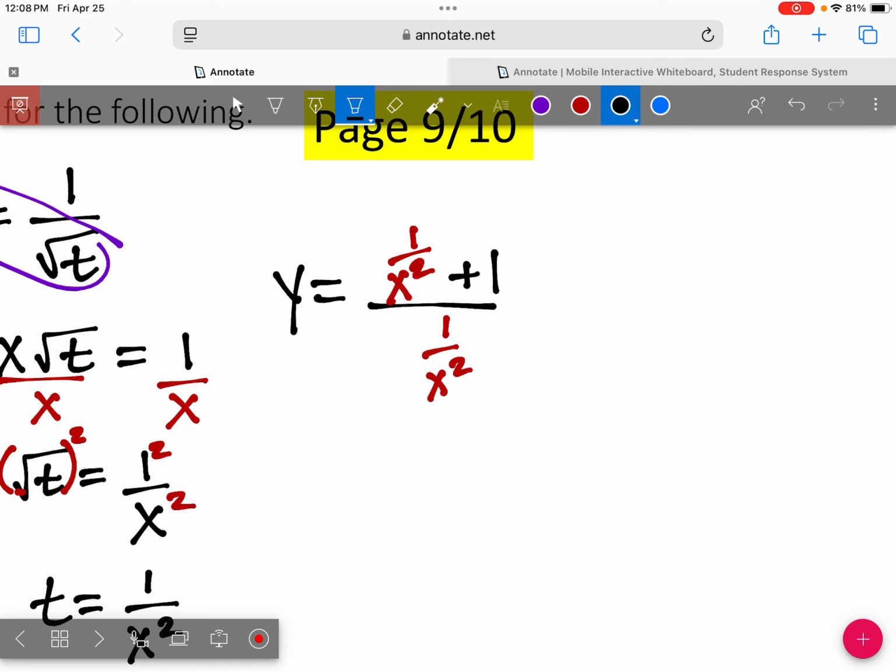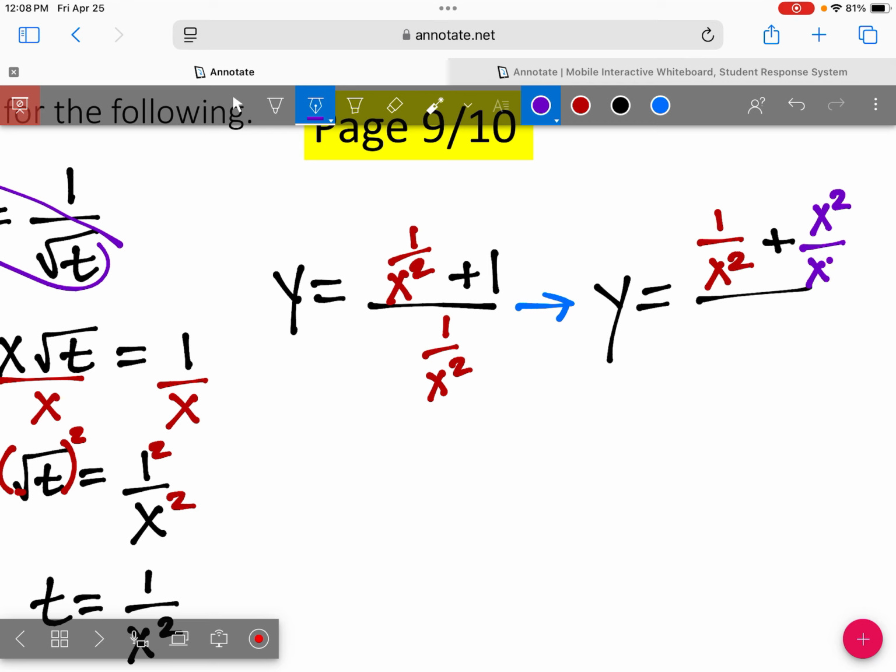So now I'm in a simplification process. I have my equation. It's rough. We gotta simplify it. So when I do that, I'm going to write this as y equals, and then I still have my 1 over x squared here, and then my plus sign, and I'm going to write that 1 is x squared over x squared.